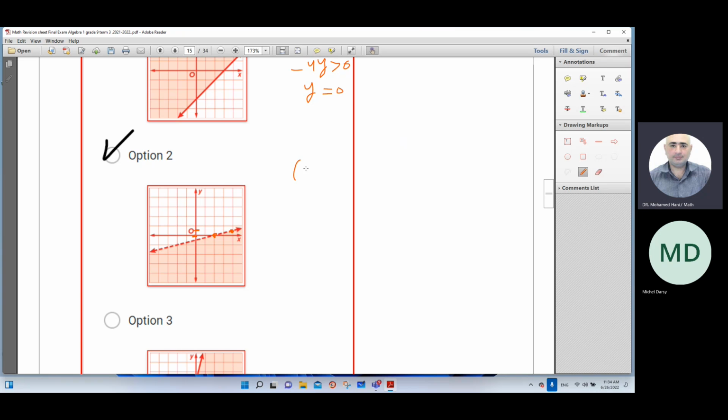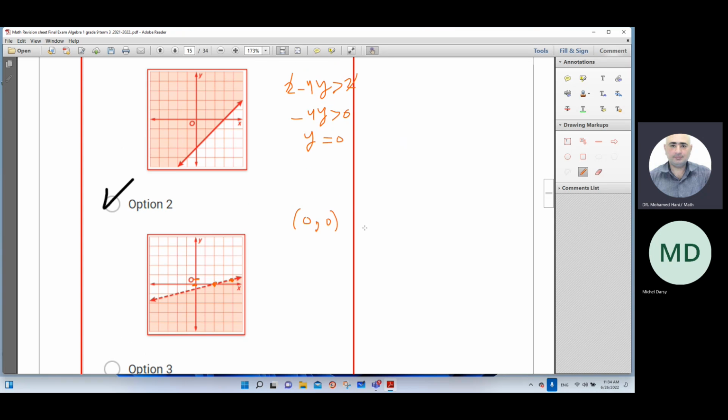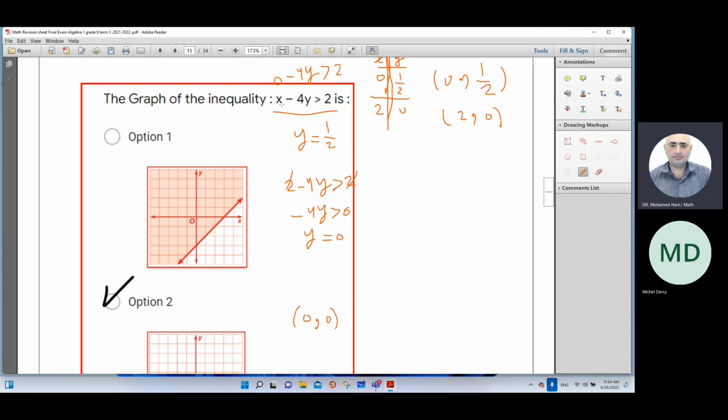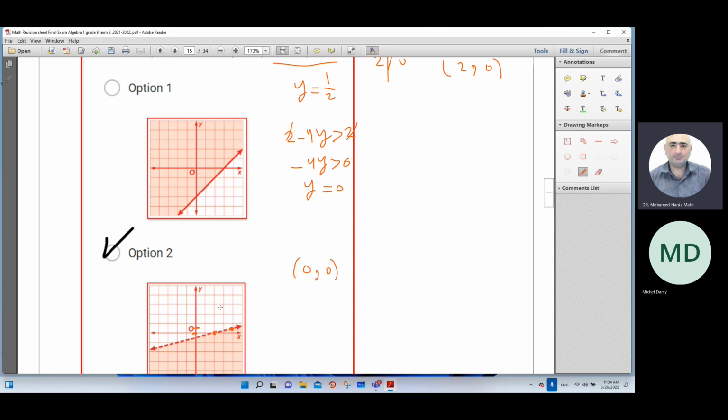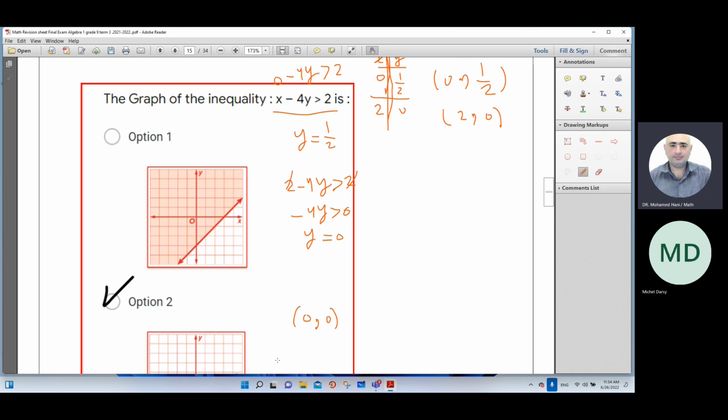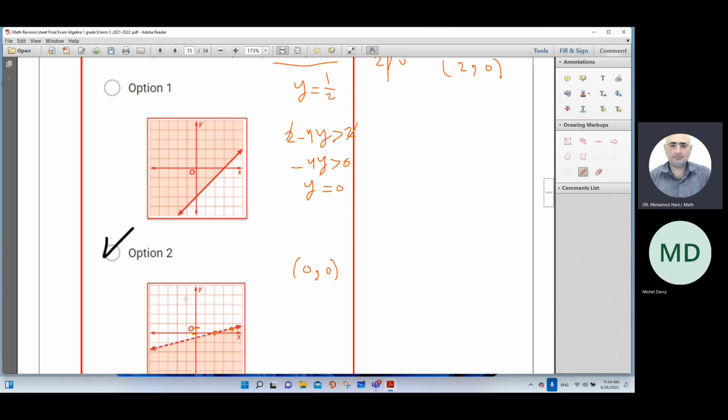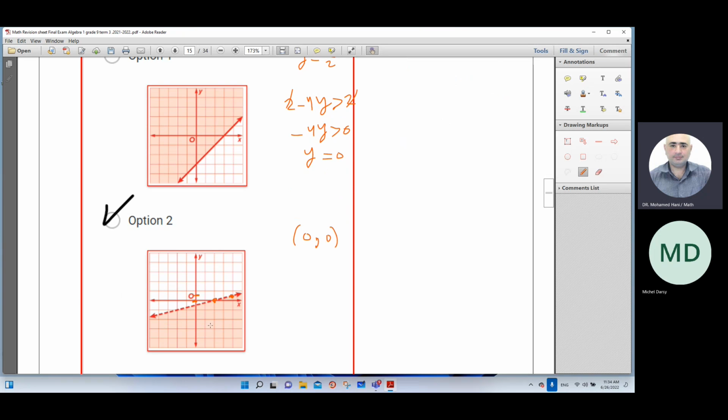So we can take the origin 0, 0 and substitute in the inequality. If the point makes the inequality true, the area above will be the area of the solution. And if the point makes the inequality wrong, this is not the area of the solution, and the opposite area is the suitable area.